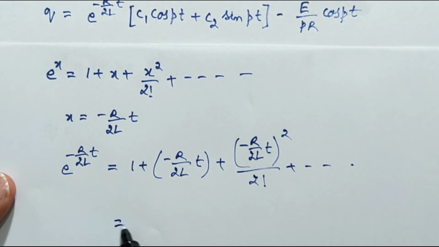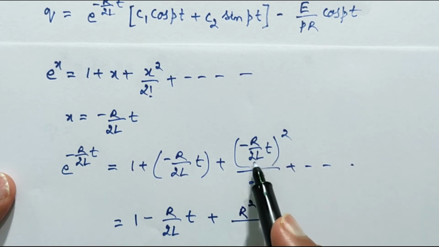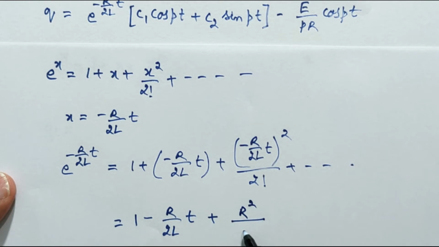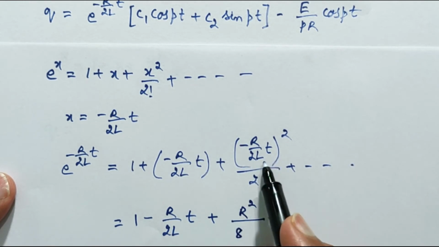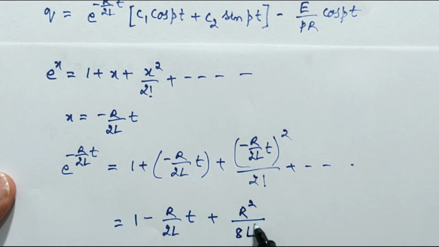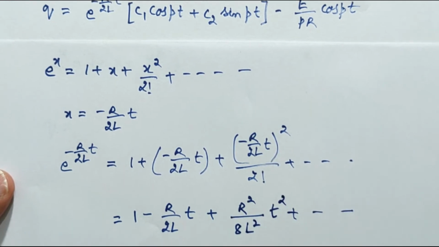So this can be written as 1 plus minus R by 2L times t plus, if you square it, it becomes R square by 4 L square. So 4 times 2, since 2 factorial is 2, will become 8. And this becomes L square into t square, and so on.